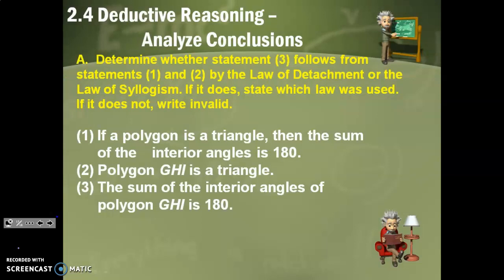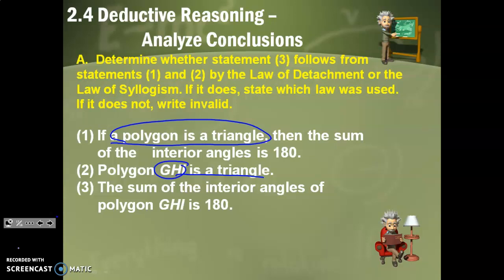A polygon is a triangle, the sum of 90. I lost my spot in your notes. I wonder if we have this one. Yep, we do. If the polygon is a triangle, then the sum of the interior angles is 180. Polygon GHI is a triangle. So here we have this statement, GHI is a triangle, which is true.